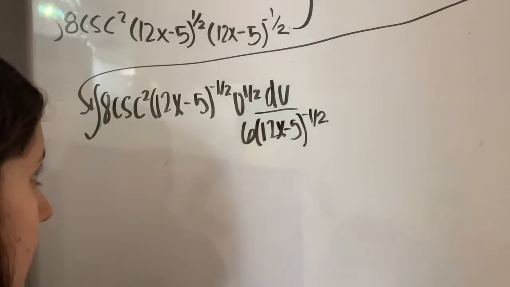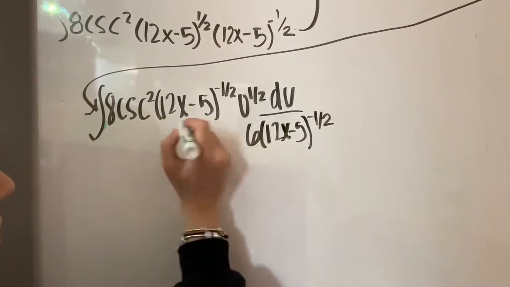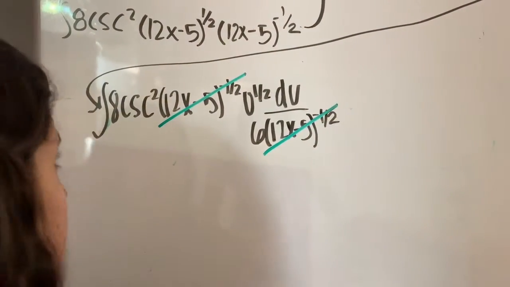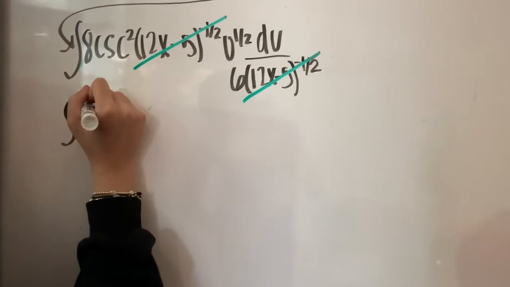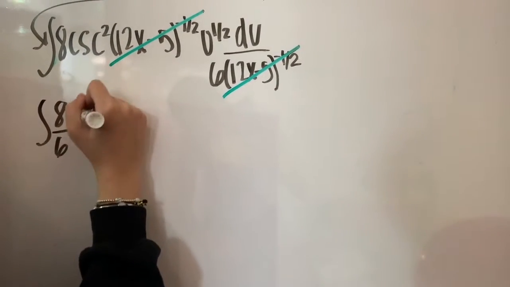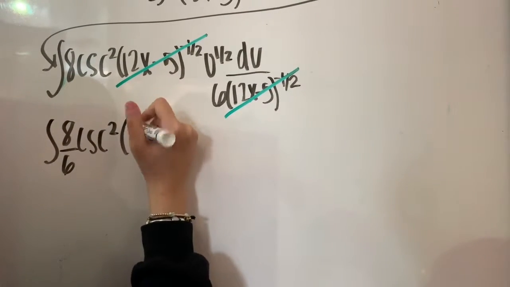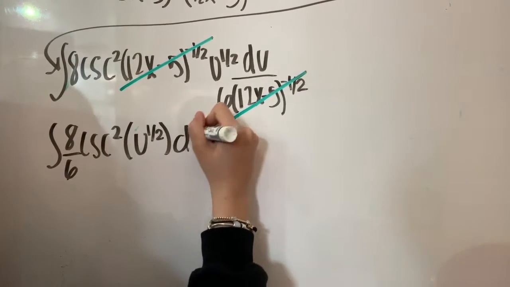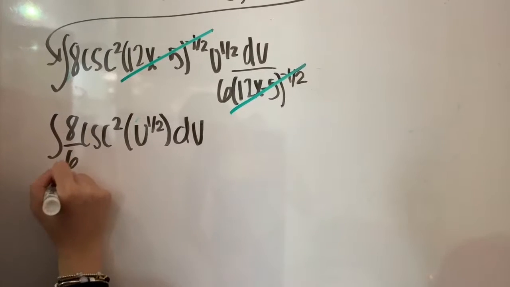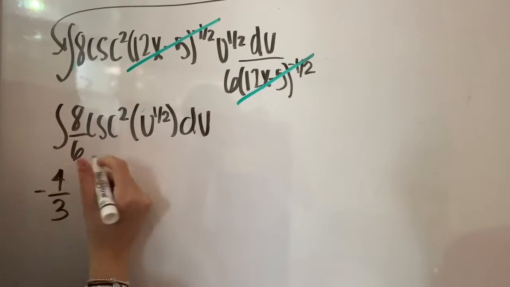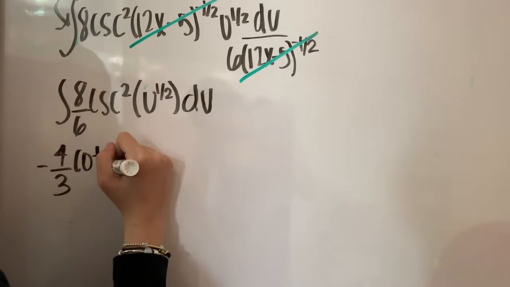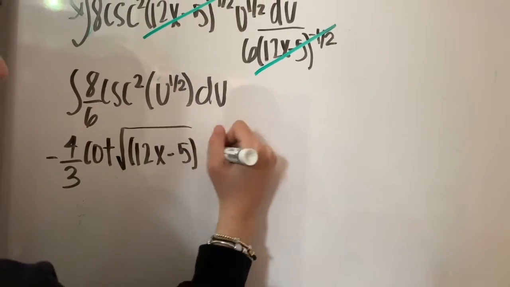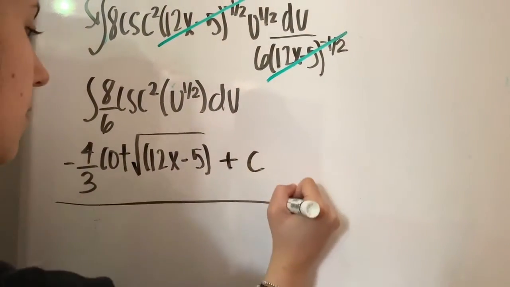After this, you can see that we have similar factors, so we're going to eliminate (12x minus 5) to the negative 1/2, and we're left with the integral of 8 over 6 cosecant squared of u du. Now we use the rule of cosecant to the even power, and we have negative 4 over 3 cotangent of u, that is (12x minus 5) to the 1/2, the same as the square root, plus c.